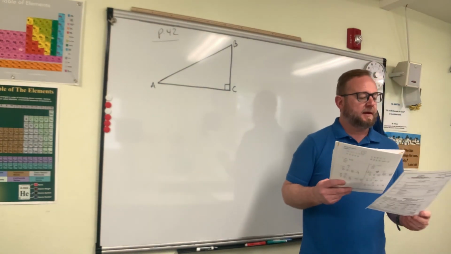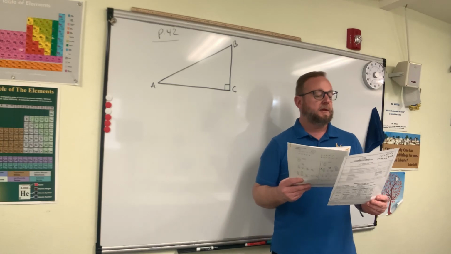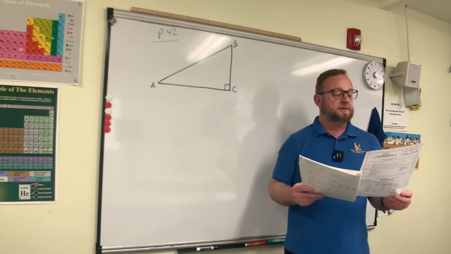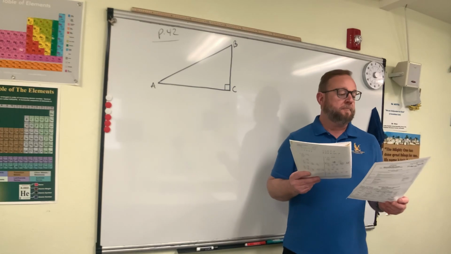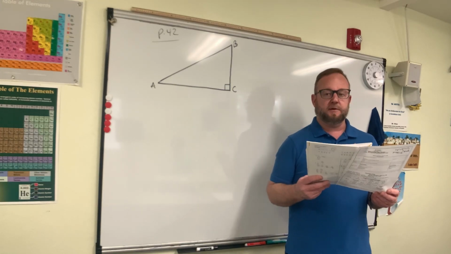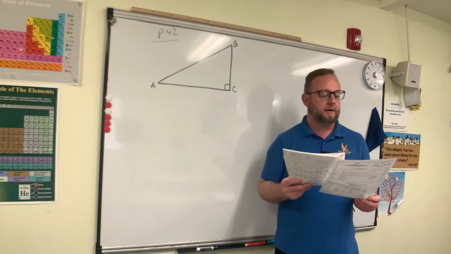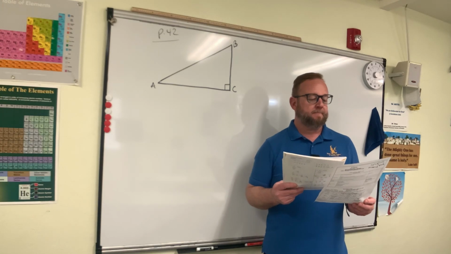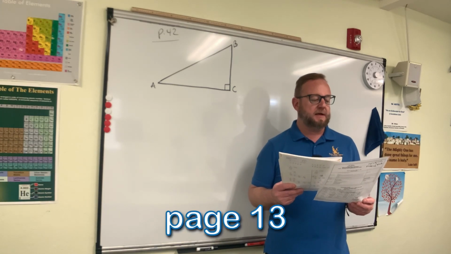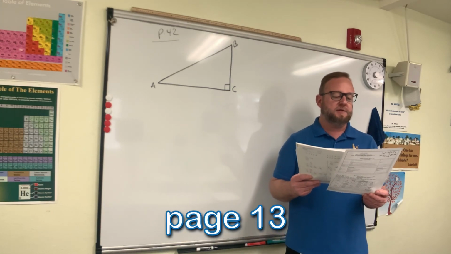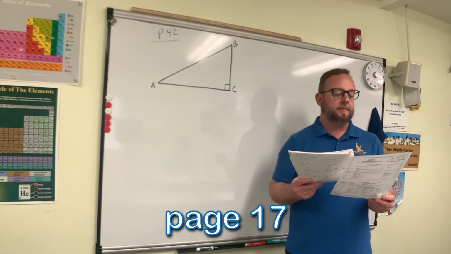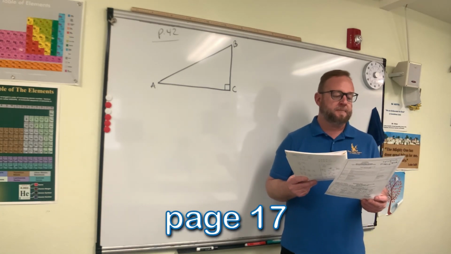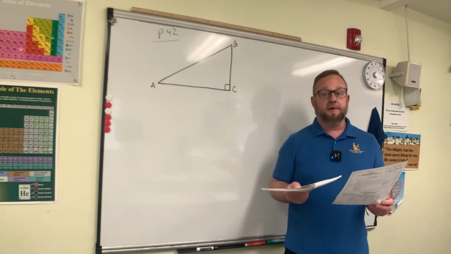Let's see, what's next? Then just keep turning pages. The corollary 1 and corollary 2, you need to be able to know how to apply these theorems when you're working problems. Then page 13 is where we come across construct the geometric mean. We looked at that. Pythagorean theorem, theorem 94 on page 17. And then there's the converse.